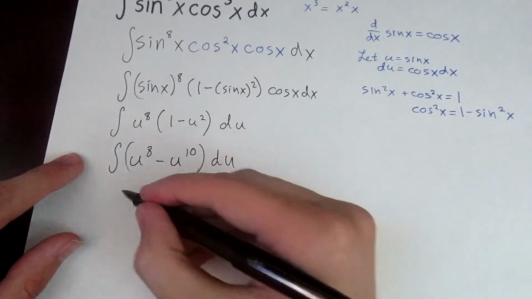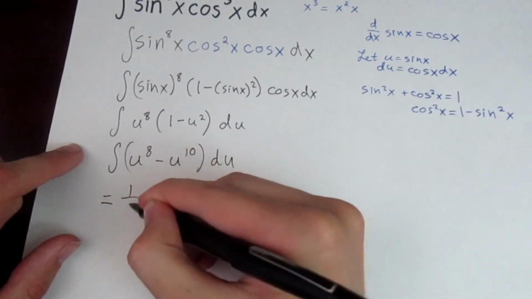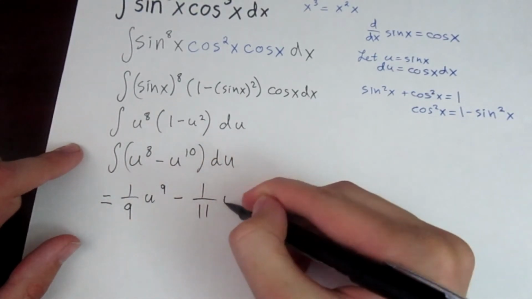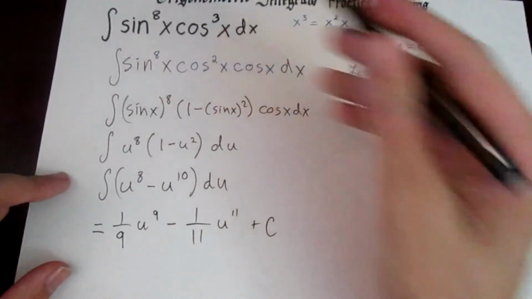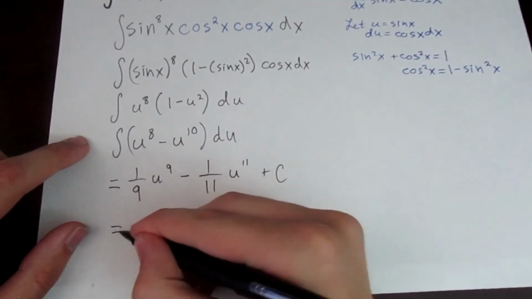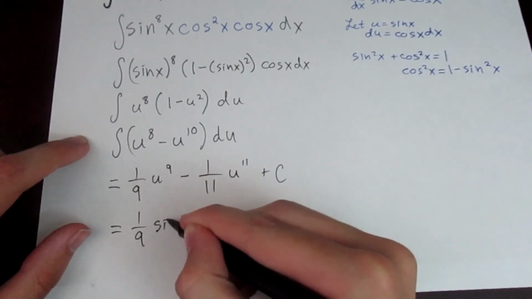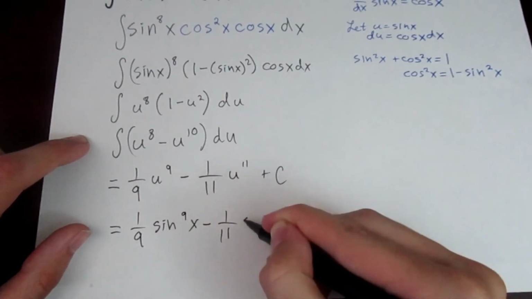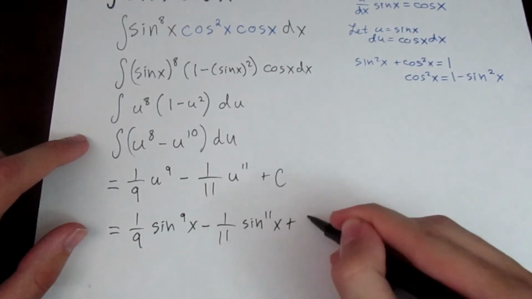This equals, we're taking the integral of u to the 8th, that is 1/9 u to the 9th minus 1/11 u to the 11th plus c, because it's an indefinite integral. And now we substitute back in, and that equals 1/9 sine to the 9th x minus 1/11 sine to the 11th x plus c.